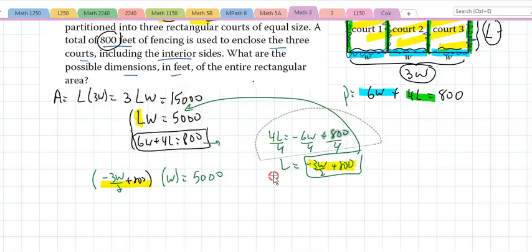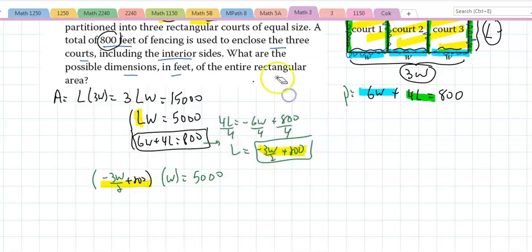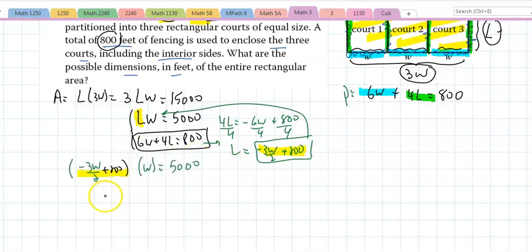What I'm really looking at is this: negative 3w squared over 2 plus 200w equal 5,000.